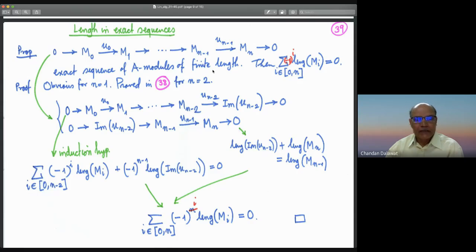For example, in a short exact sequence of finite commutative groups, though commutativity is not required, the order of a group is equal to the product of the order of a normal subgroup times the order of the quotient.